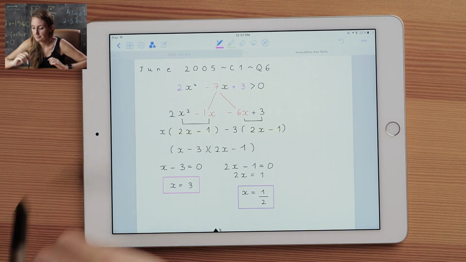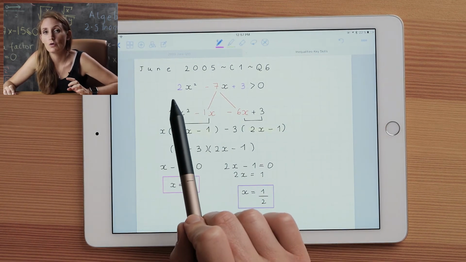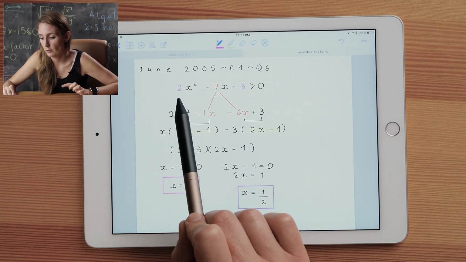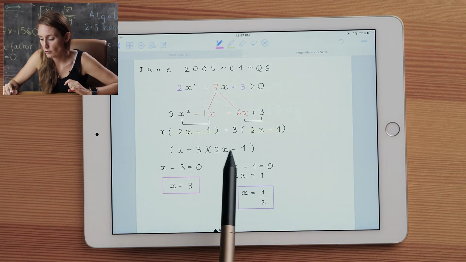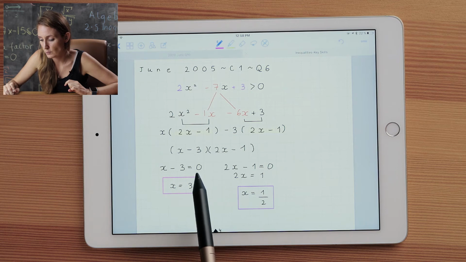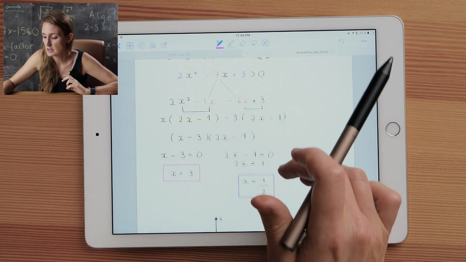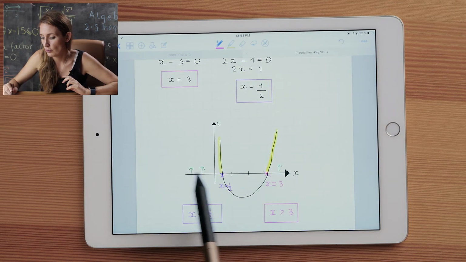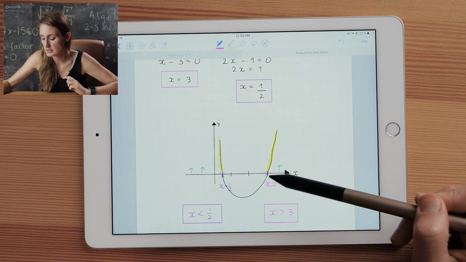So quick summary. What did we do? We started by factorizing our non-monic quadratic. So that was a little bit tricky, but we ended up with two brackets. We let each bracket equal to 0 and solve for x. So we had two answers for x. We then drew a coordinate axis system and put in our two answers for x.